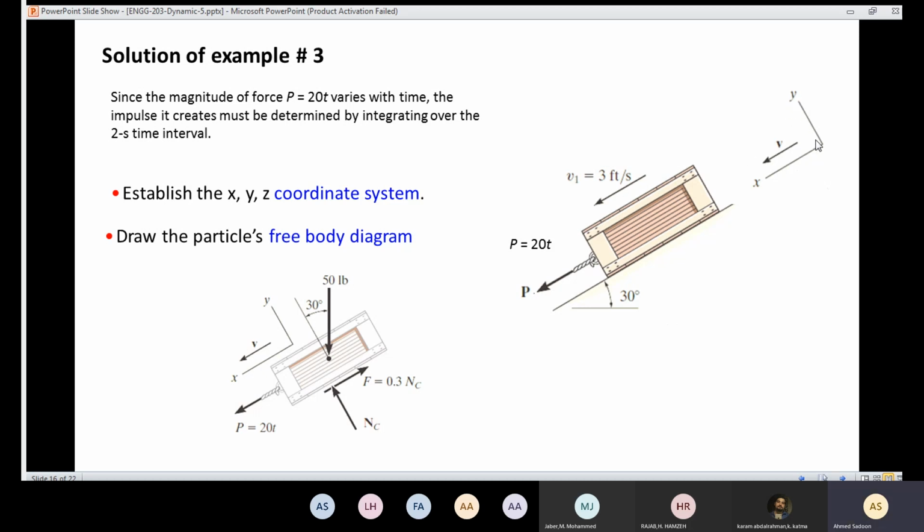Like you can see here, when we set up the coordinates, all the forces are either along X or along Y, except the weight. So I need to decompose only the weight into X and Y components. And the positive X is in this direction, and the positive Y is in that direction.